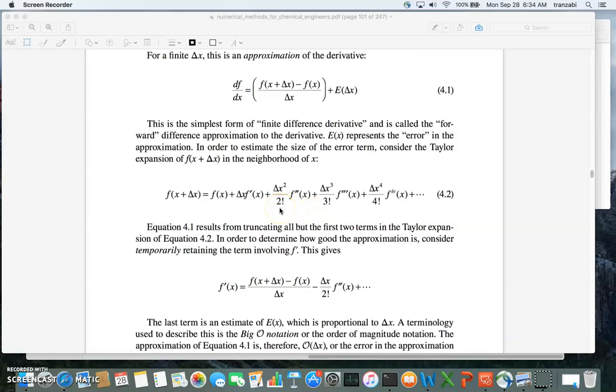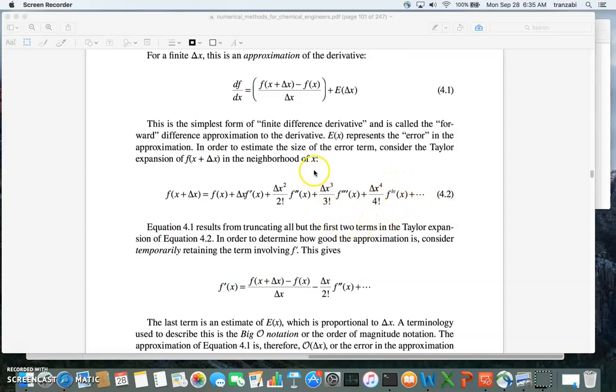So then I subtract f prime of x from both sides, and what I have down the road is f prime of x, which is this term, is equal to this minus that divided by delta x, and then minus this term divided by delta x, minus this term divided by delta x, minus this term divided by delta x, and so forth, right?